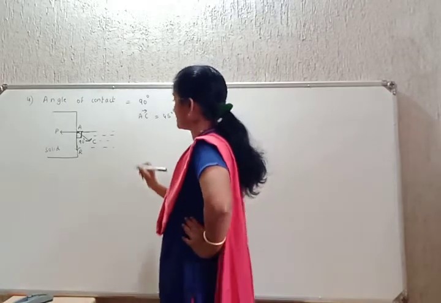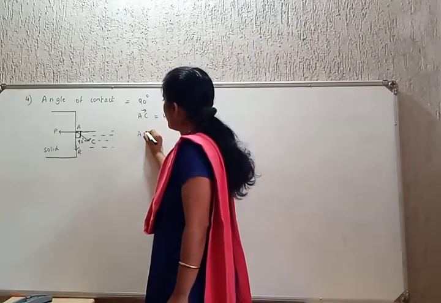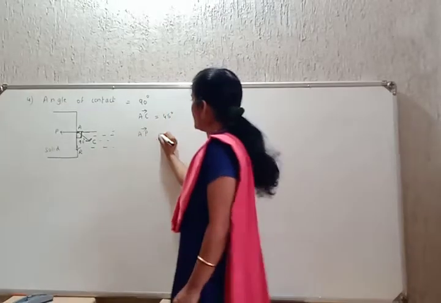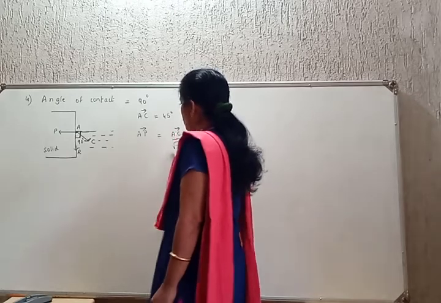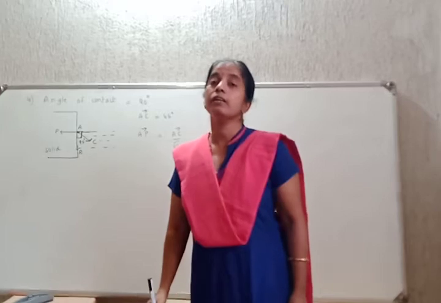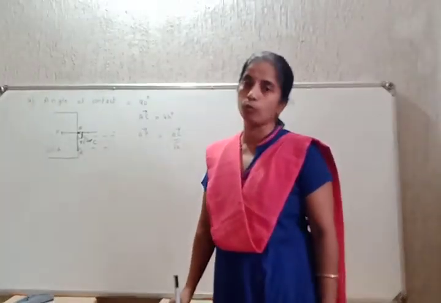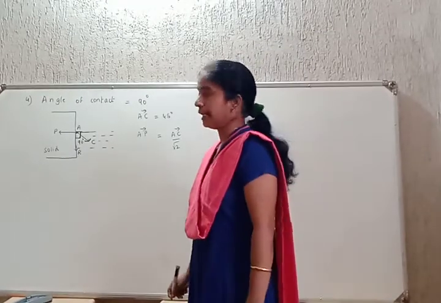In this case, students, one point: it is observed that vector AP, that is the adhesive force, is equal to vector AC divided by root 2. Okay, one formula here, this relation. I'll repeat it again.